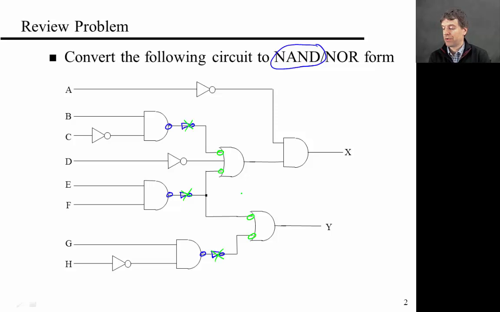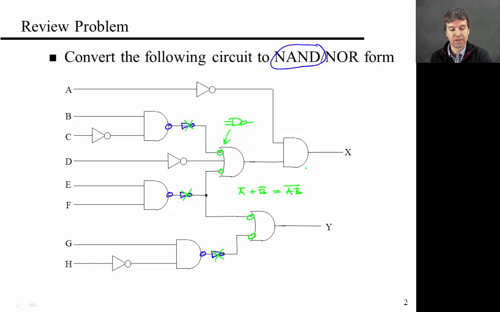If you remember De Morgan's law, then not A or not B, so basically an OR gate where the two inputs are inverted, is the same as not A and B, where the output of the AND gate is inverted. And so this here is a NAND gate, right?